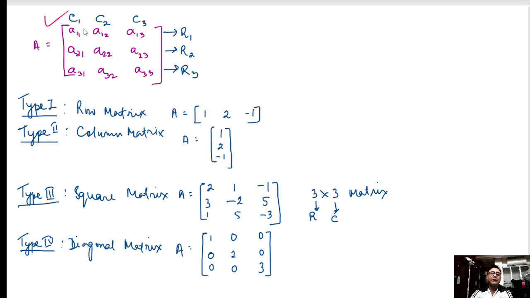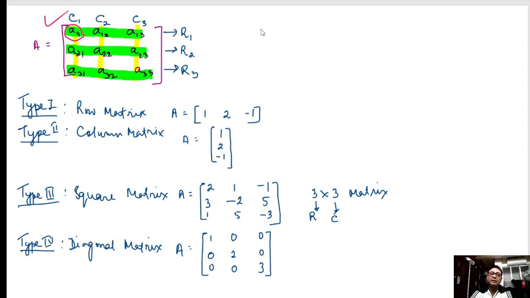Okay, this part is called the column. So column 1, column 2, column 3, and this will be called row 1, row 2, row 3. As you can see, this element will be called the first row, first column.